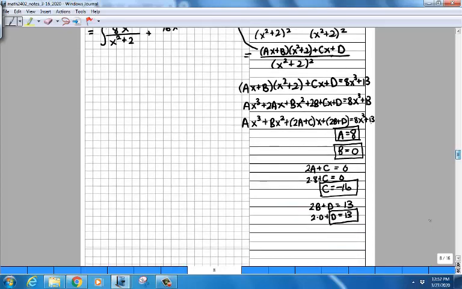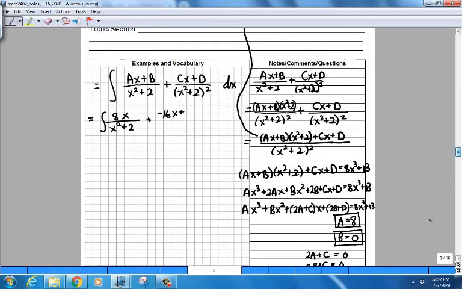Yeah, plus 13, over x squared plus 2, squared. There now is my partial fraction decomposition.